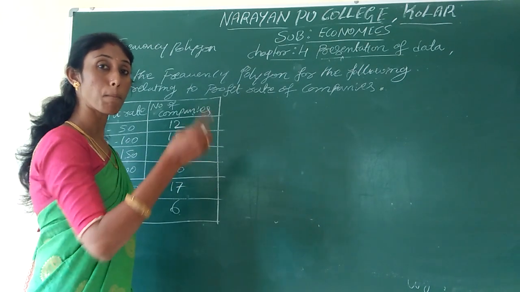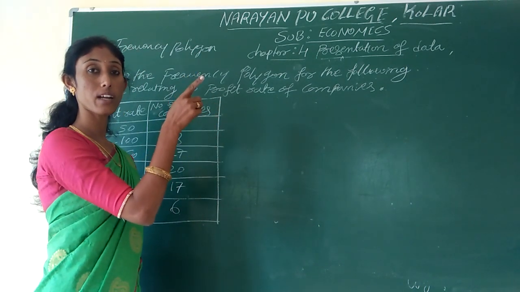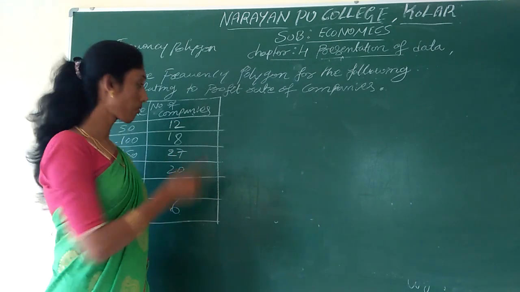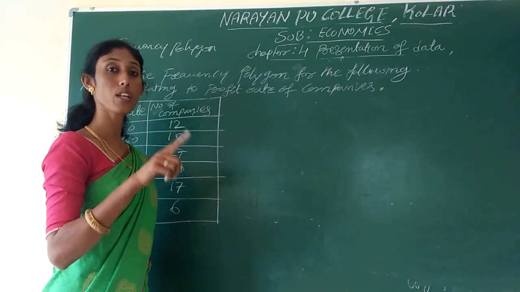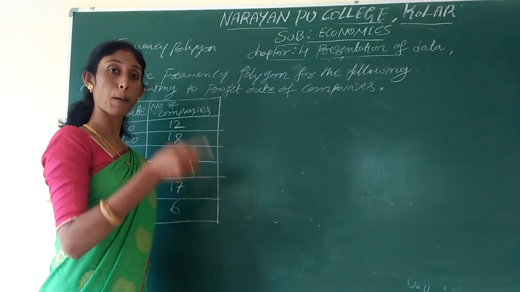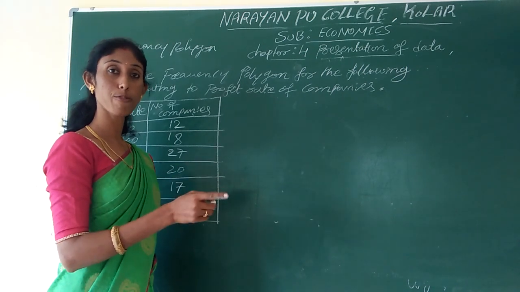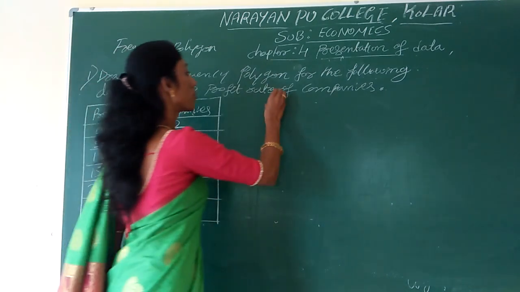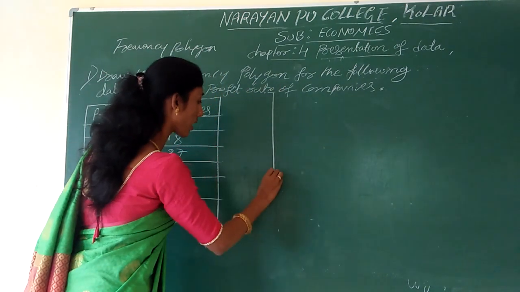By joining the midpoint of the top side of each rectangle in the histogram. That's why, before drawing the frequency polygon, firstly we need to draw a histogram. By drawing the histogram, we can easily draw the frequency polygon line or curve. Got it now? First we'll draw the histogram.